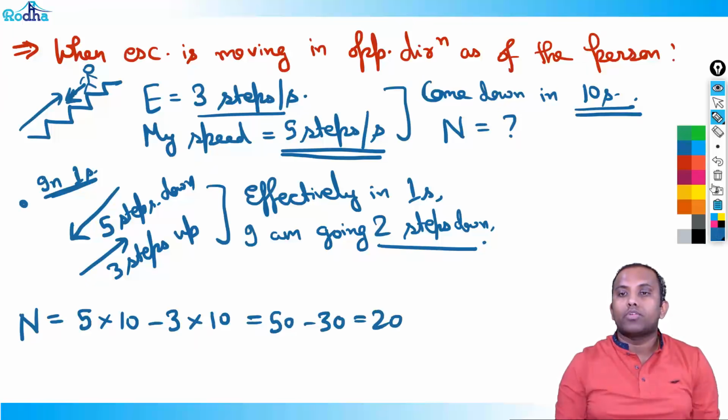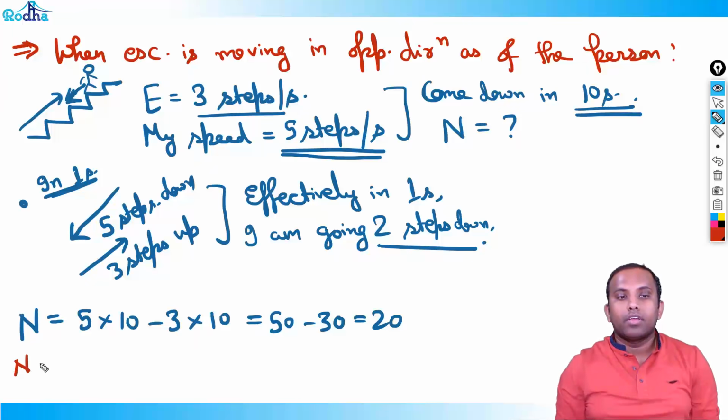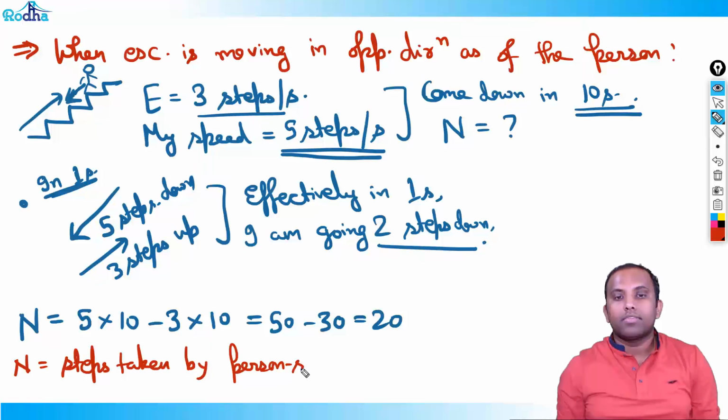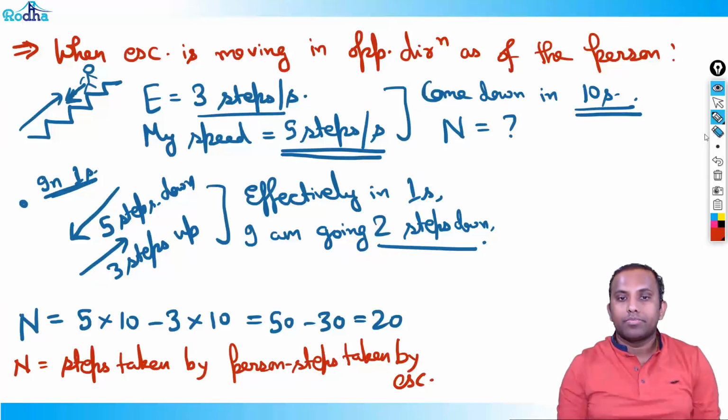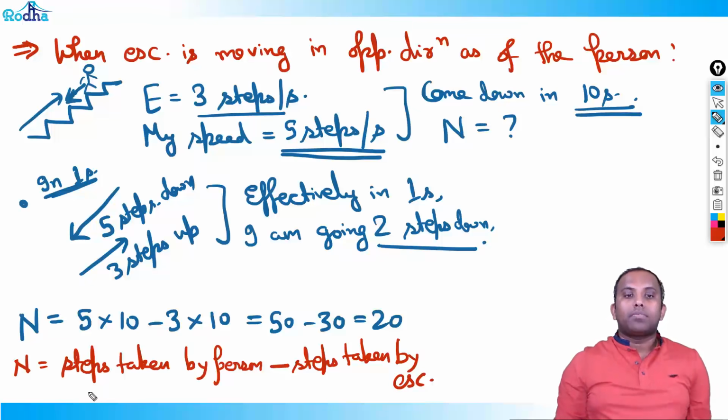So in this case, actually, n is steps taken by person minus steps taken by escalator, right? It is minus now. I will write it clearly here. Steps taken by person minus steps taken by escalator.